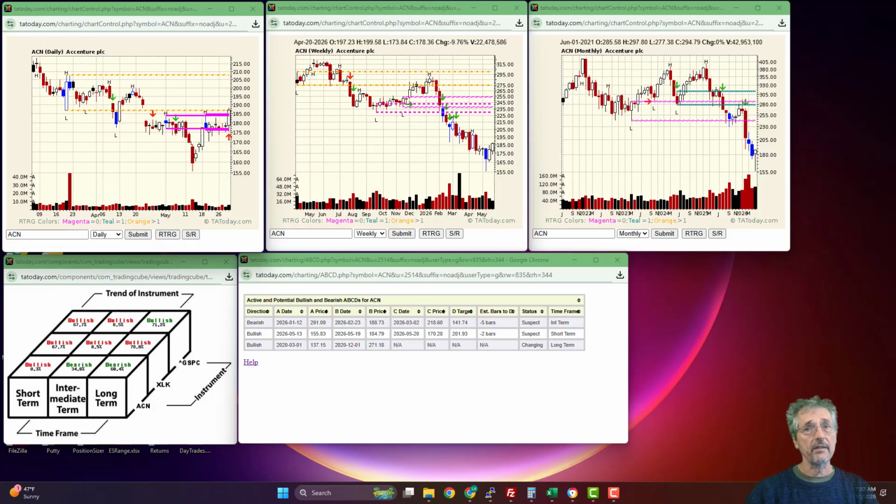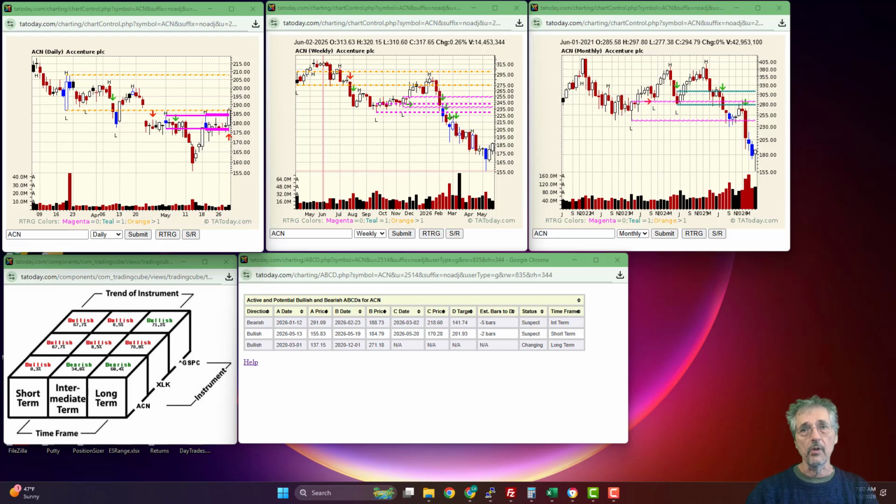In fact, the fact that this just broke out says it probably will come back in and retest. It may or may not, but what you do is you take a piece, it comes back in, you take more, you get your average in here somewhere. And you're shooting for this 240 up here, 230. So you can see how that plays out.